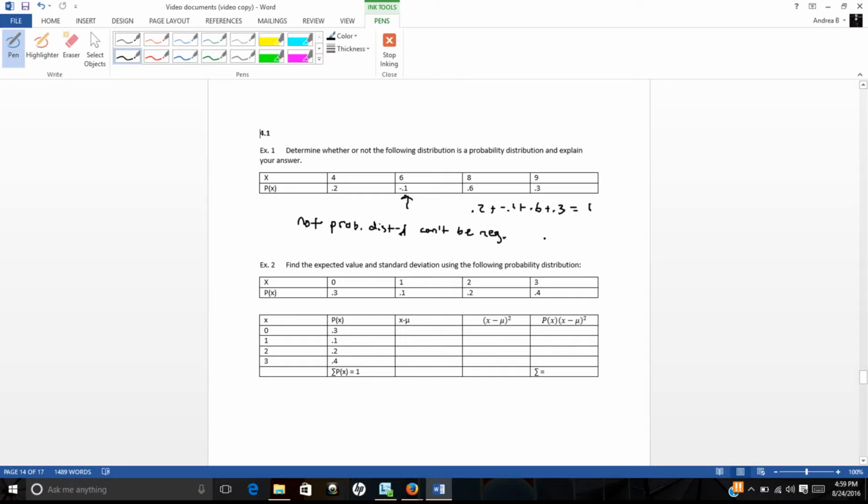So if you have a probability that's negative, right off the bat you can say that it's not a probability distribution.